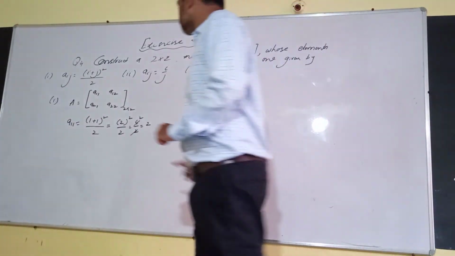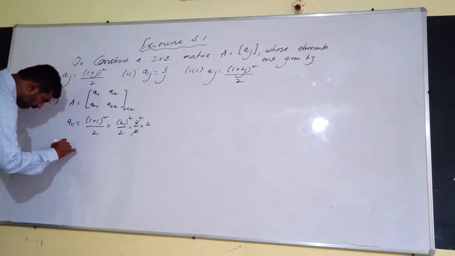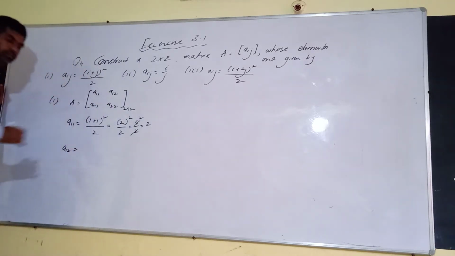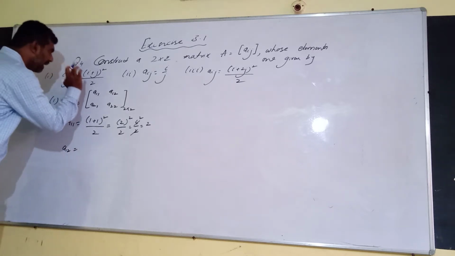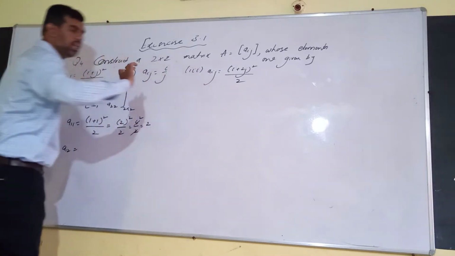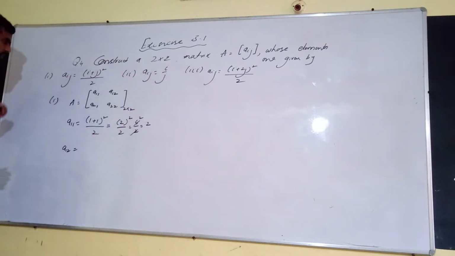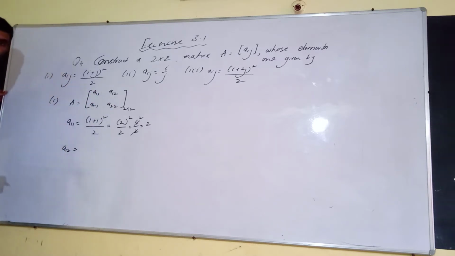Now we will go to the second element. See here, a12. See very carefully. How do we have to find a12? Again I will use the same formula. What is the i value? 1. What is the j value? 2.